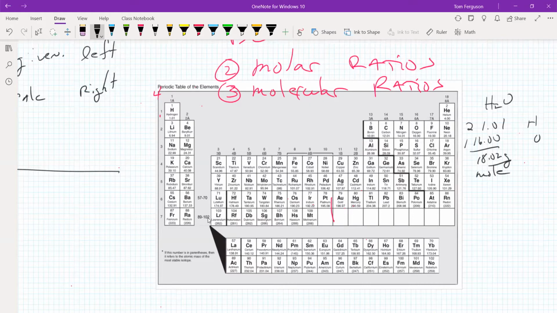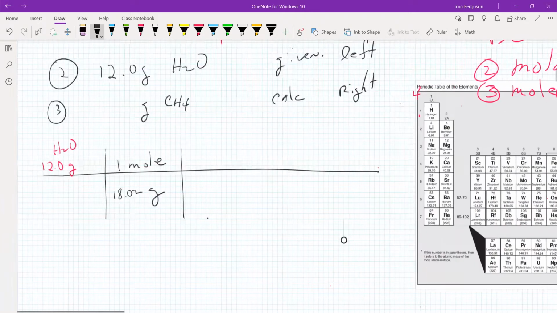So that's 16 plus 2 hydrogens at 1.01 apiece, so that's 18.02 grams per mole. And notice the grams cancel, gives us moles. Now we have moles of given.